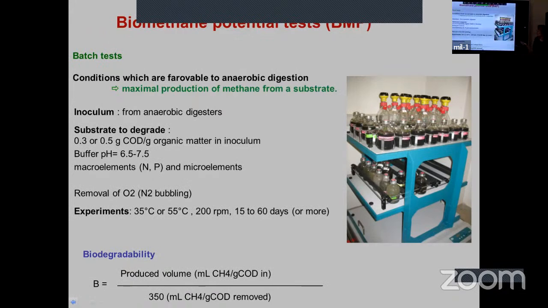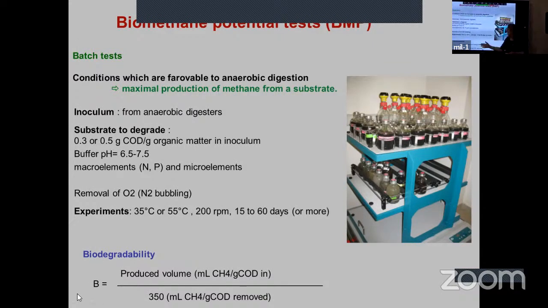To assess the biodegradability of the substrate, we consider that, in theory, 1 gram of COD will produce 350 milliliters of methane. In this case, we do not consider the part of COD that will go to microorganisms.